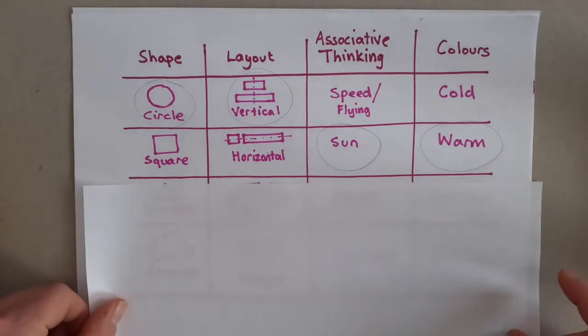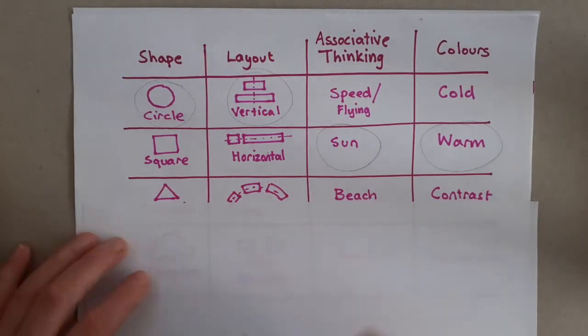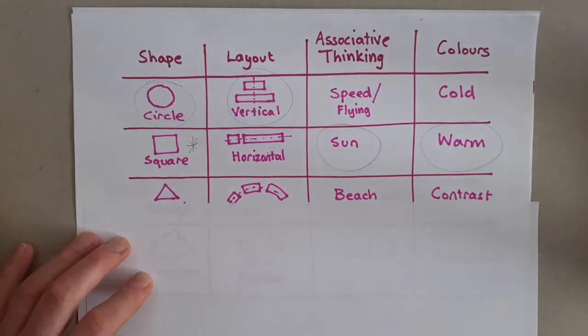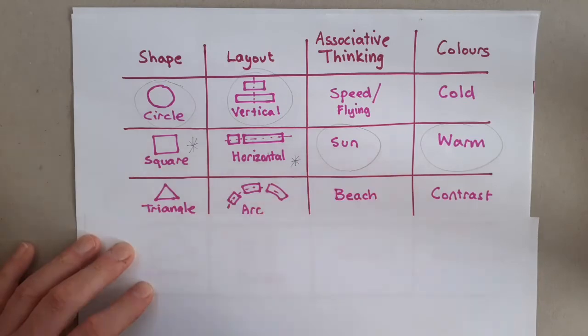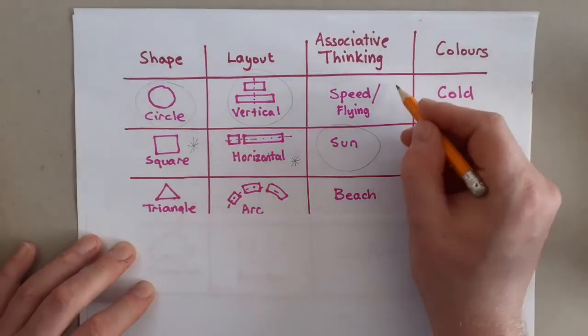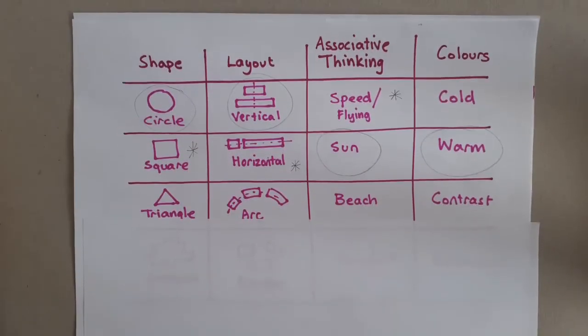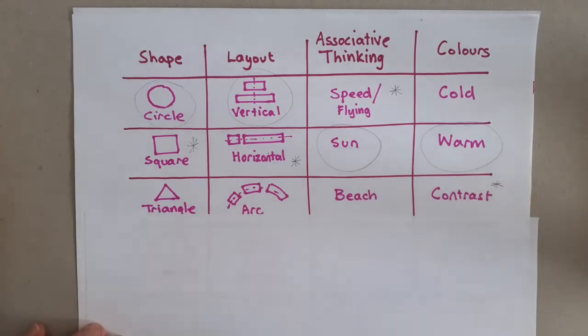How about this time we pick square, horizontal, the idea of speeds and flying, and maybe contrasting colours as well.